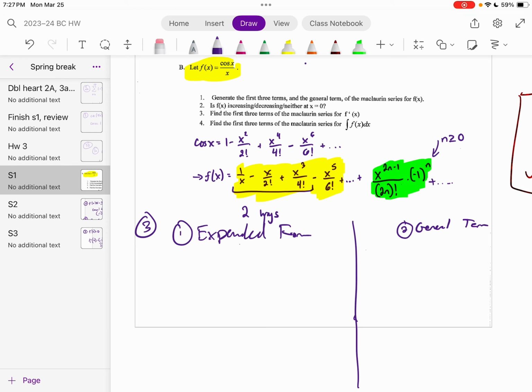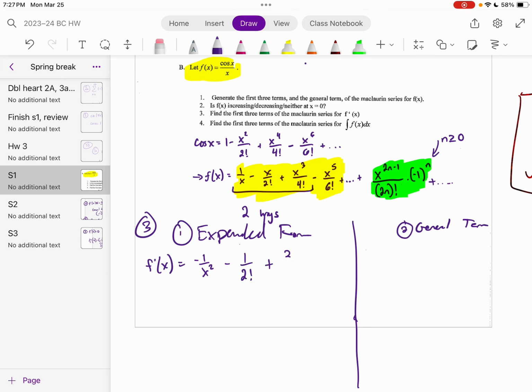So if we know f of x equals this polynomial, and it equals because we have that equality for cosine, well, then the first 3 terms of f prime of x have to be the derivative of these guys, right? So f prime of x, we know, has to be the derivative of this thing. So the derivative of 1 over x is negative 1 over x squared. And then I'm going to have 1 over 2 factorial.